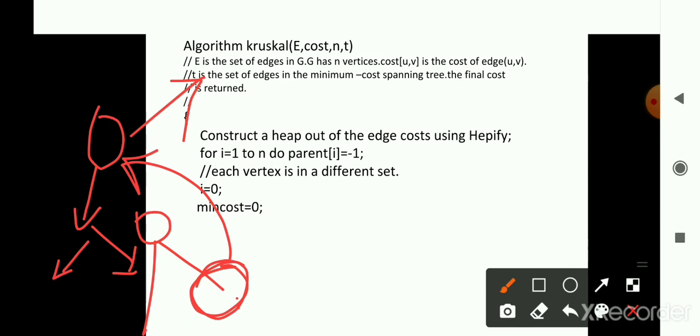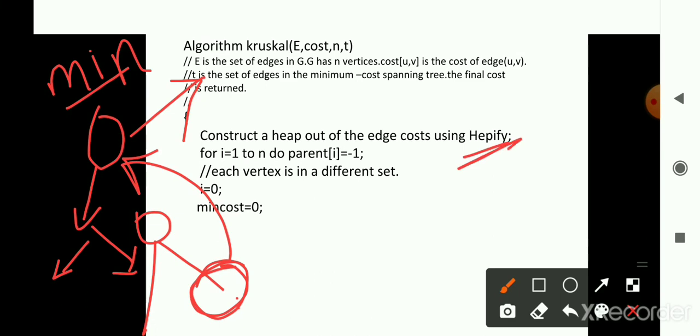We have to adjust that value according to the property of the min heap, so again we maintain the root. The next one will have the next minimum value in the heap. So heapify means the adjustment of the min heap.